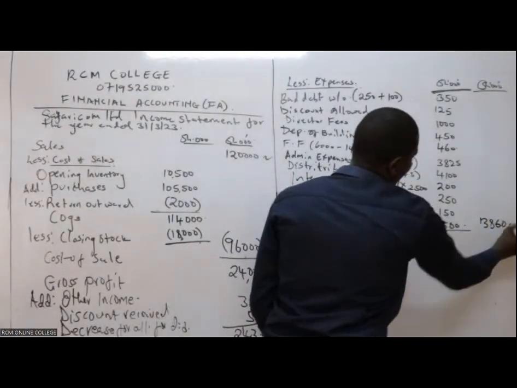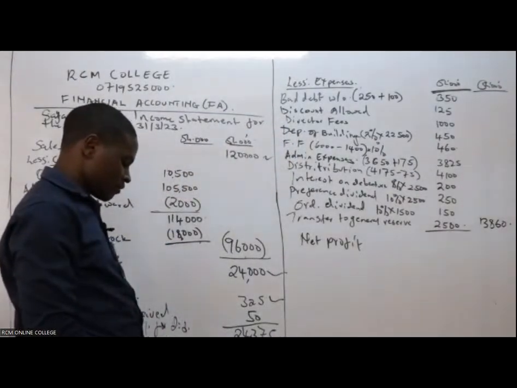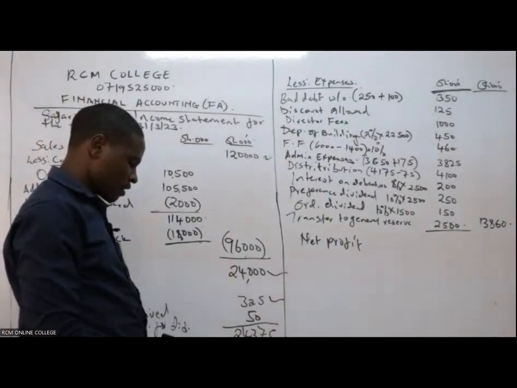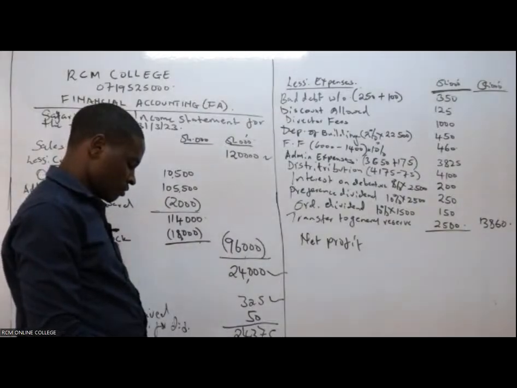13,860. Now if I subtract that from 24,375, minus 13,860.